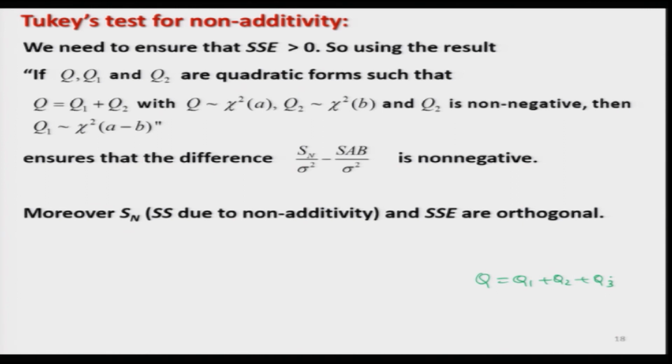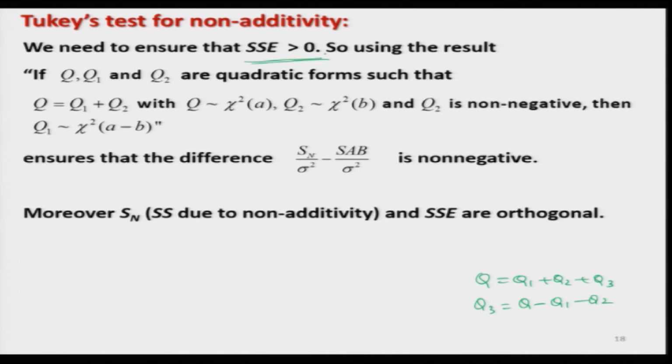But in this case, you are considering the difference, that is, you are writing Q3 equal to Q minus Q1 minus Q2, and you are employing a result similar to the Fisher-Cochran theorem. So I would like to point out that you are not using the Fisher-Cochran theorem itself, but a result very similar to it, which is given in this slide. We assume that SSE is greater than 0.